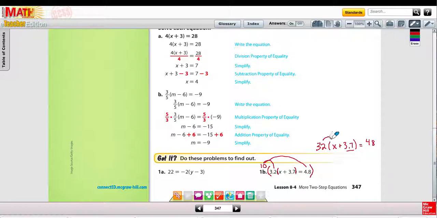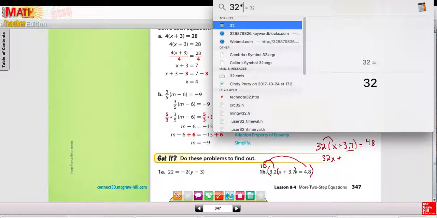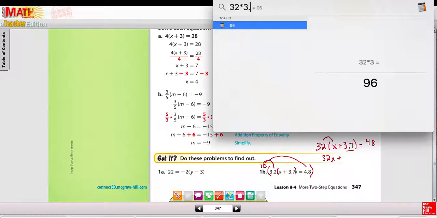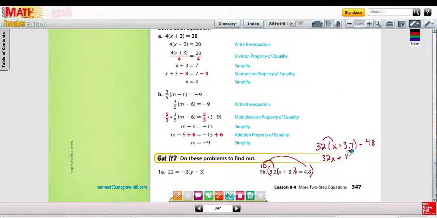But now we have 32 times x, which is 32x, plus 32 times 3.7, which gives us 118.4. So I'm going to write down 118.4 equals 48, okay?